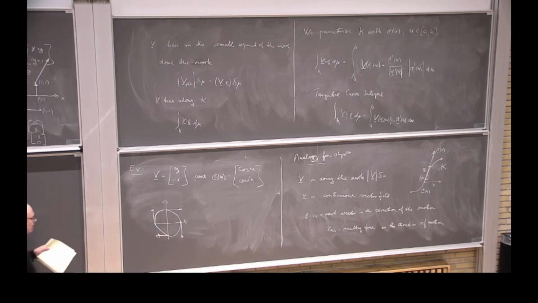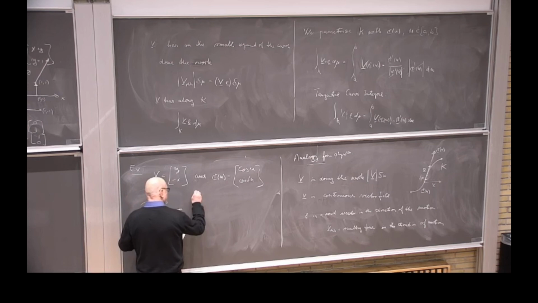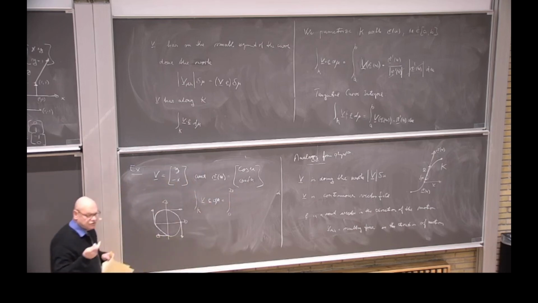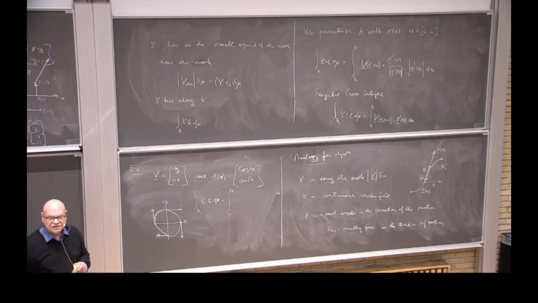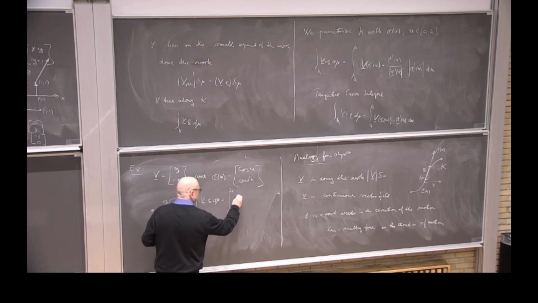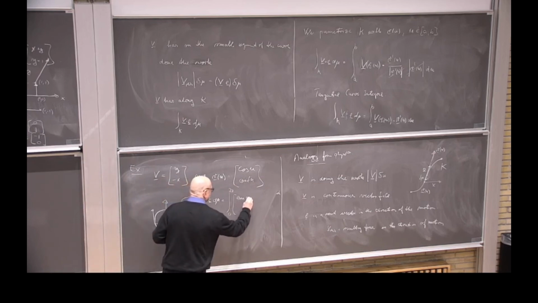And let's then compute the value of the integral, because within an integral you have to make the restriction of the vector field to your curve. And this is simply to put in the functions. Instead of y, you use sine u.